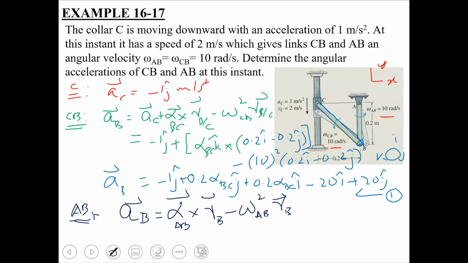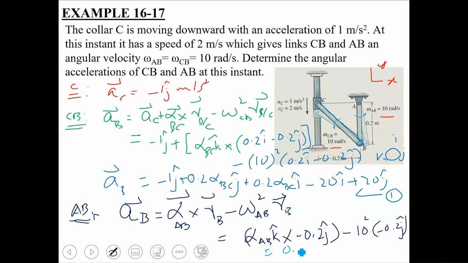Okay, so can you again judge alpha AB? No, sir. So you are going to assume it as alpha AB k cross R B. What is R B here? Minus 0.2 j. So minus 0.2 j minus 10 square times minus 0.2 j, and further solving it, आपके पास जो further solution आएगा alpha cross R: minus 0.2 alpha AB, k cross j is basically minus i, so it would become positive.